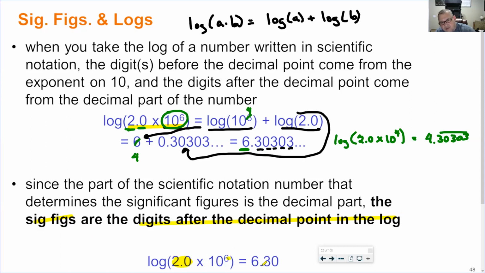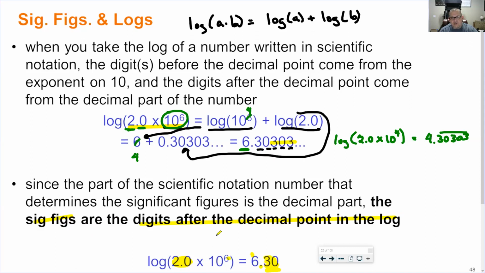And when we take the log of this, it would be 6.30, and we need to round this to the number of significant figures we have. So we would terminate these terms off. It would just be 6.30. This 6 up in the front just represents a spacing digit.